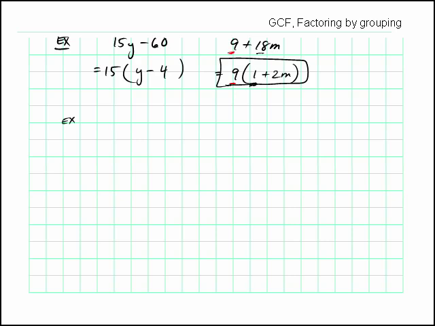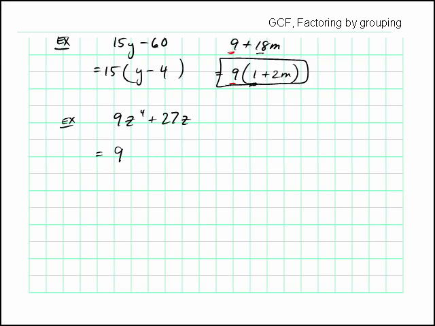Here's another one. 9z to the 4th plus 27z. Now for the numbers 9 and 27, I could factor 9 out of both of those. Now with variables, you have to just go with the smallest exponent.